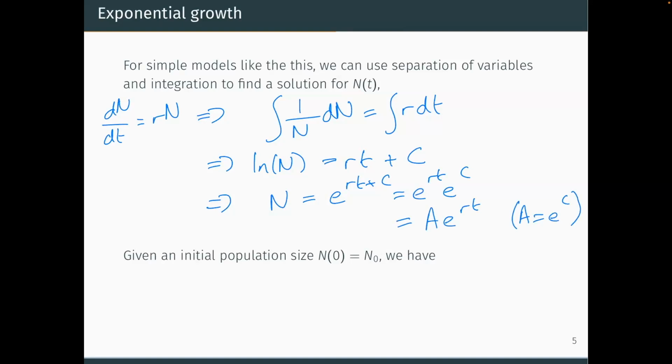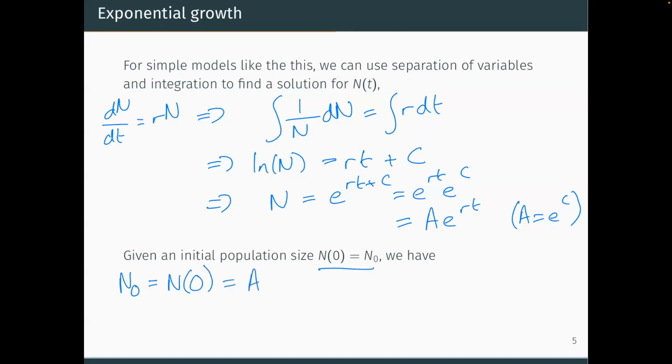If this is an initial value problem, if we have an initial population size, N0, then we can find the value of this constant. So N0 has to be equal to our population at time 0.